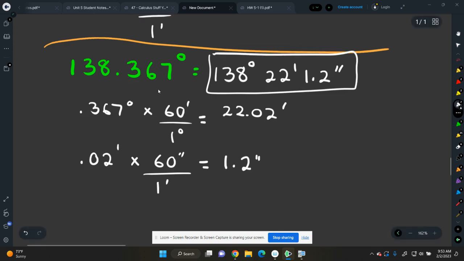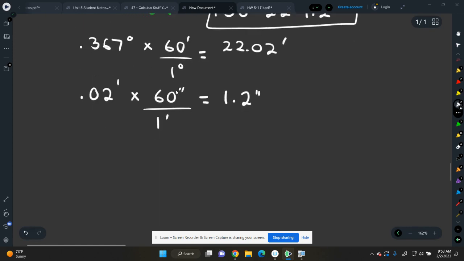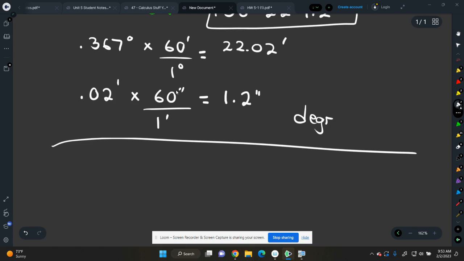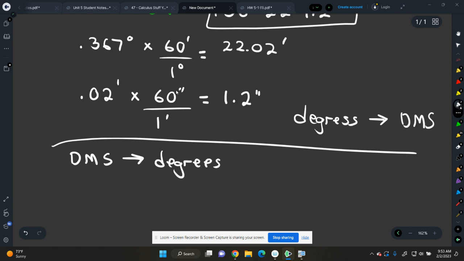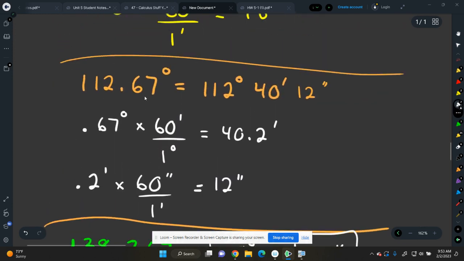Okay, we're going to go the other direction now. So that was degrees to DMS. Now we're going to go DMS to degrees. Let's use one that we've already worked with. Let's do the 112.67.